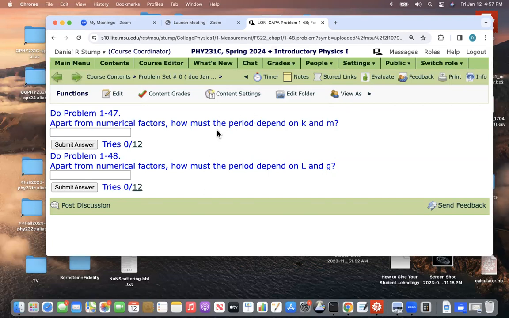This is the section about what's called dimensional analysis.